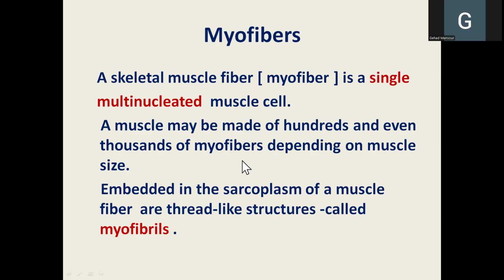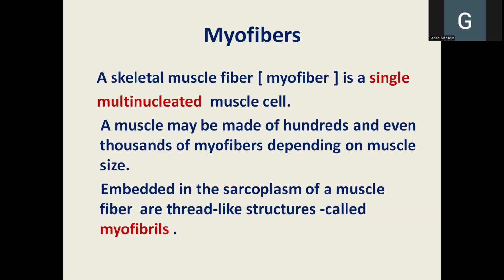So there is an important question here, which is to arrange the structures descendingly or ascendingly. So if we start with a muscle, then we will have muscle bundles afterwards, and then myofibers or muscle cells, and then myofibrils, and then myofilaments.